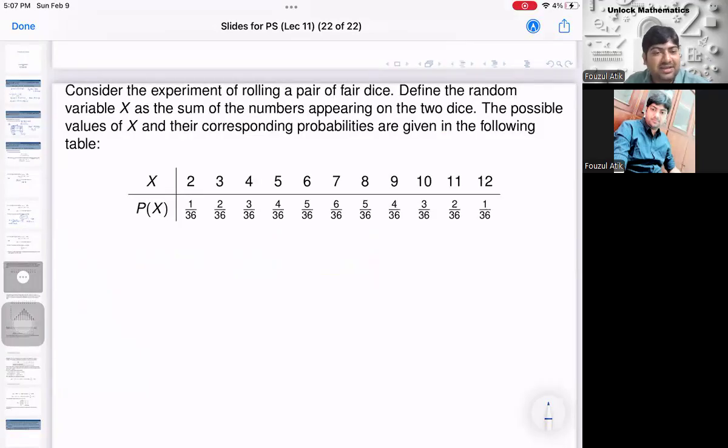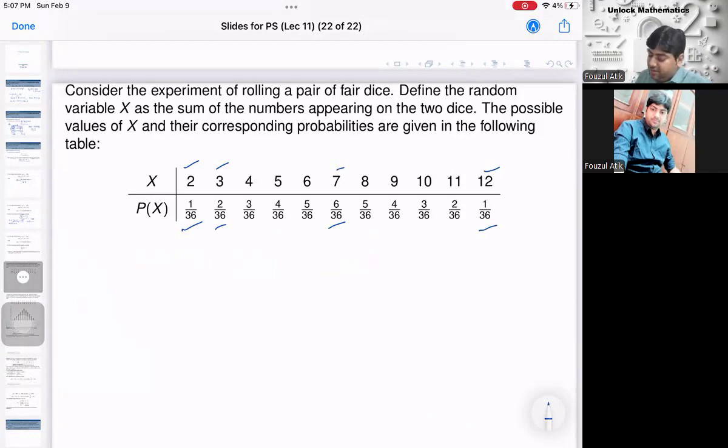Define the random variable x as the sum of the numbers appearing on the two dice. The possible values of x and their corresponding probabilities are given in the table. Whenever the sum is 2, we have already calculated the probability was 1 by 36. Whenever the sum is 3, it is 2 by 36. Whenever the sum is 7, it is 6 by 36. Whenever the sum is 12, it is 1 by 36. All these probabilities are given.